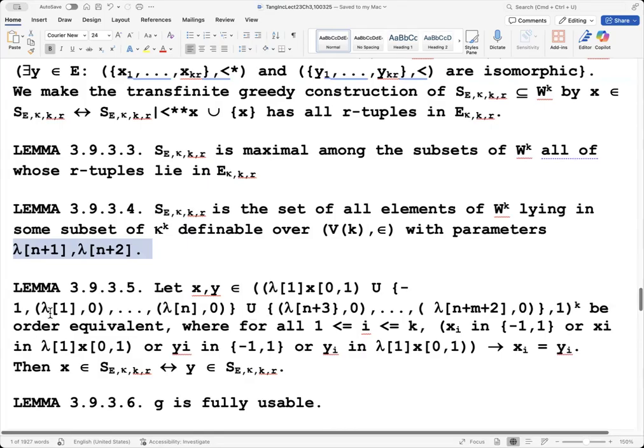See, we're going to use indiscernibility for lambda 1 through lambda n and lambda n plus 3 through lambda n plus 2. Notice we skipped these two. So if I allow these parameters, I have very good indiscernibility with these, as long as I avoid the parameters. You can do that, you see.